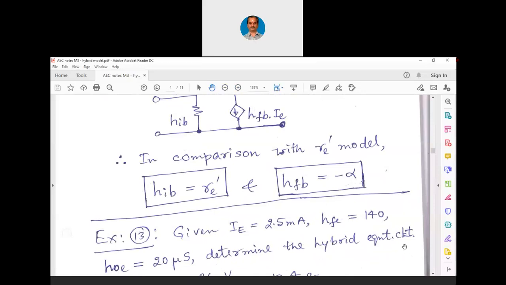Determine the hybrid equivalent circuit. Quickly tell me the answer for a common emitter model. At the input you should have HIE. So tell me the input impedance, the gain factor and output impedance quickly.